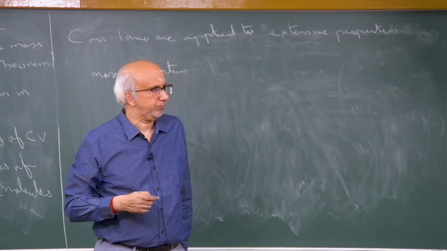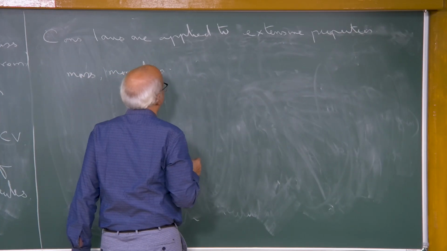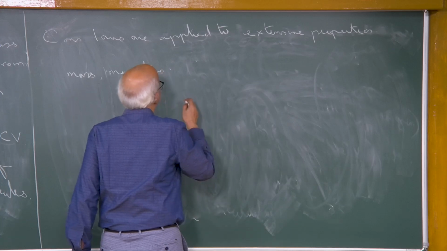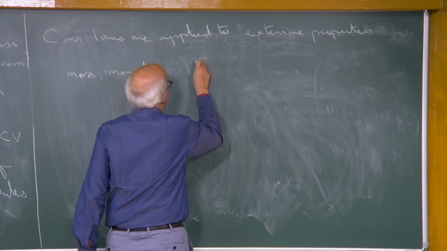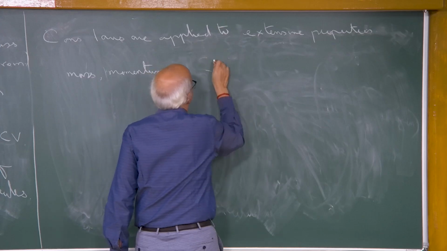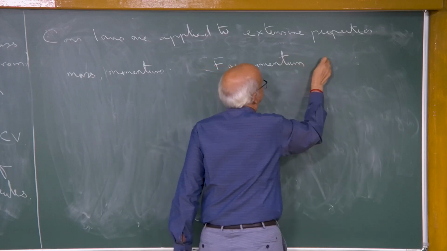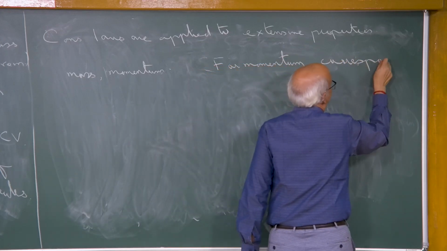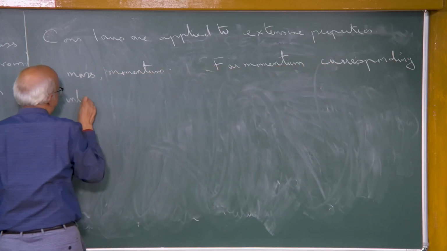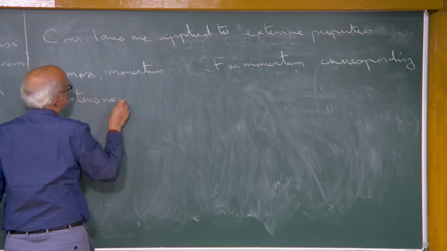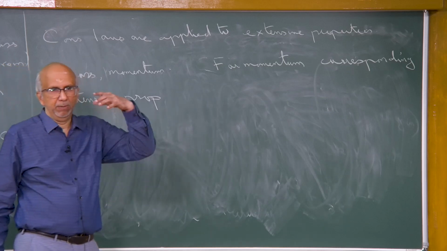And so, what I want to do is talk about how to go from extensive to intensive. So, for momentum, the corresponding intensive property. Intensive property means it is independent of mass. It is momentum per unit mass.